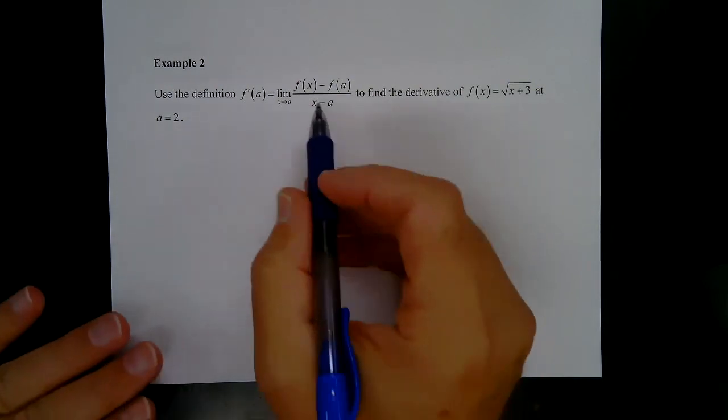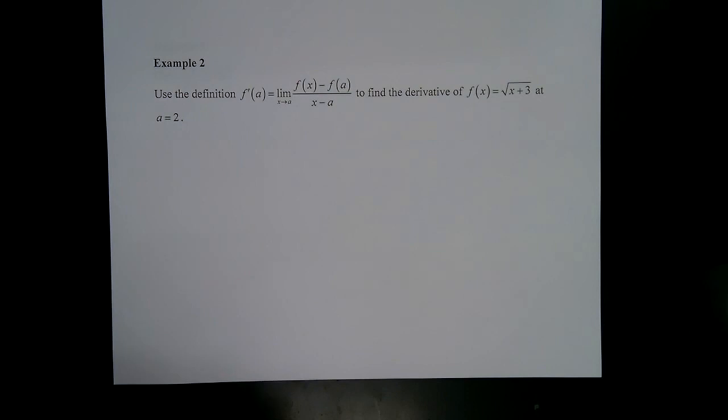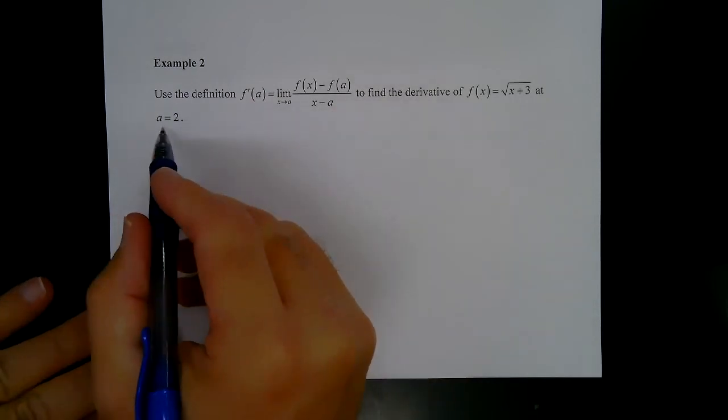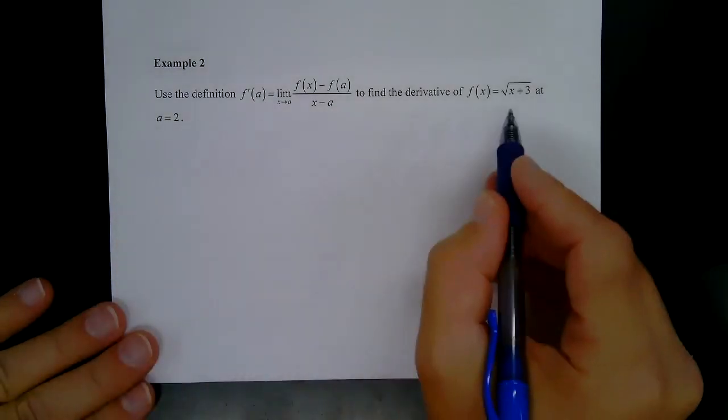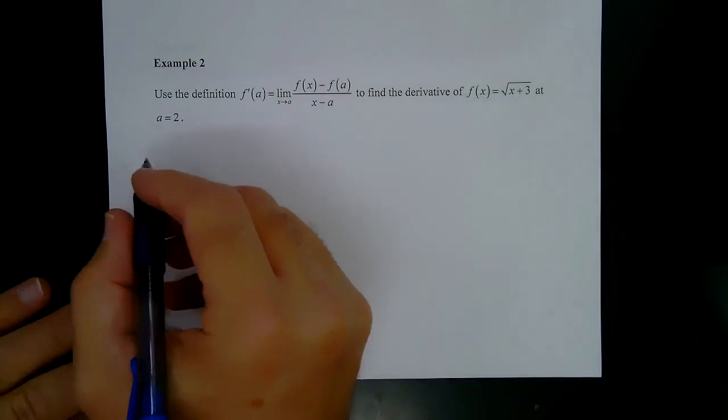All right, and we're going to subtract these, and we're going to make the x get closer and closer to a, which would make the point on the right go right on top of the point at a. And I hope you can visualize that, okay? So we're finding f prime of 2, and our function is the square root of x plus 3. We haven't had one of these in a while, okay?